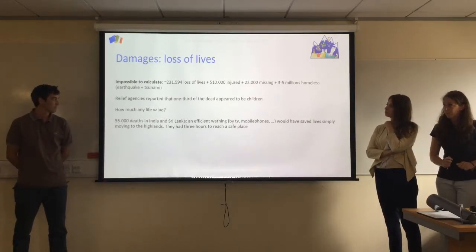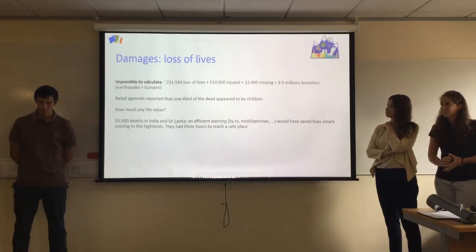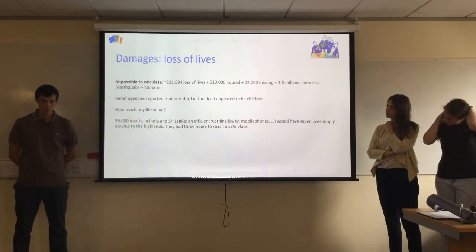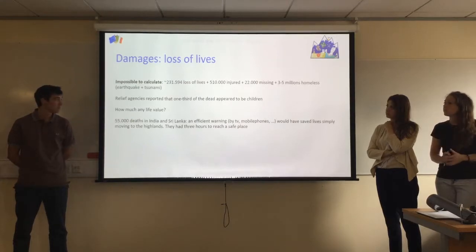So the reason is because children are less strong than adult men. So when a wave impacts a person, if he is an adult, he can resist all the force of the sea. Children cannot.